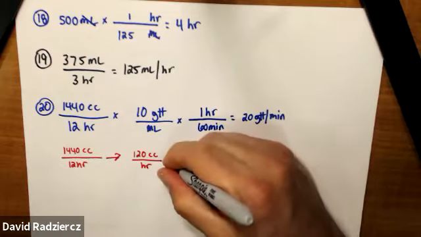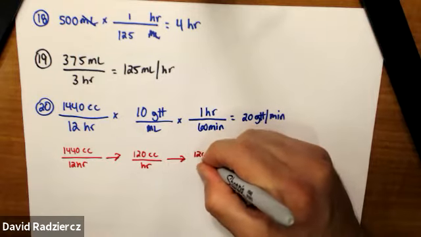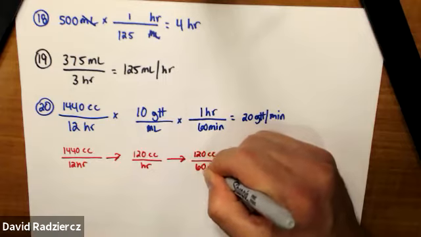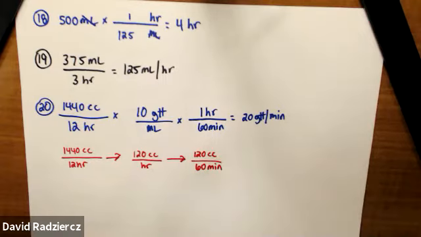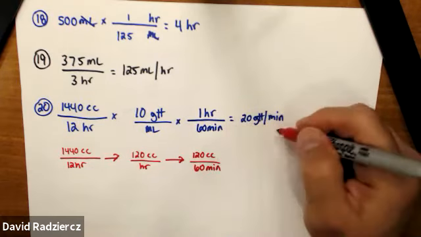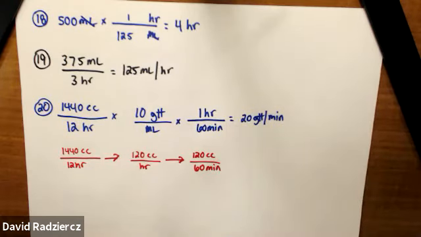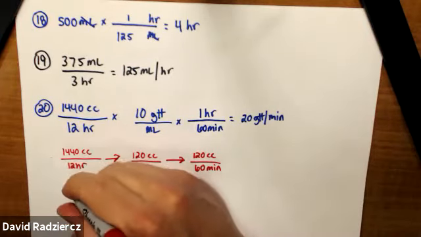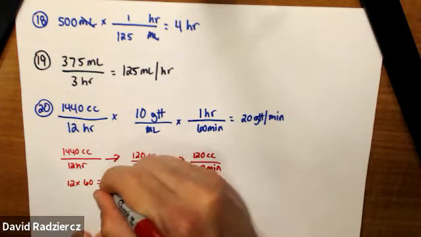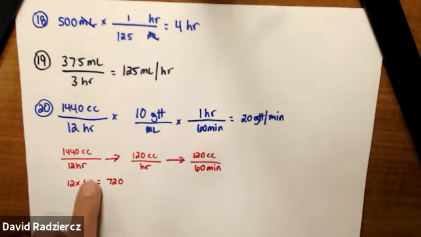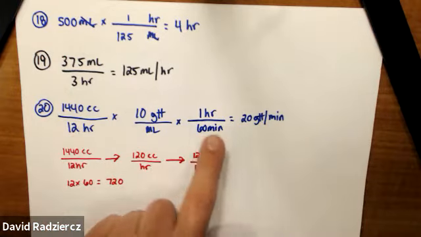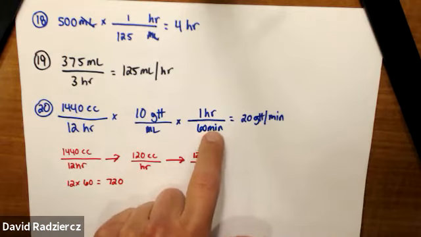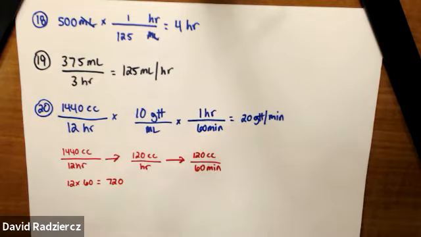Then you can further reduce that to 120 cc's over 60 minutes, and then you times it by 10, and you get the same answer, 20 drops. Or if you know that 12 times 60 equals 720, you can just plug in the 720 here. If you're already in minutes, you don't have to do this step, and you'll come out to the same answer. So these are just alternative ways to set up the problem.